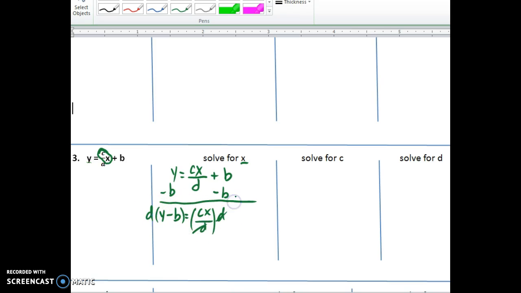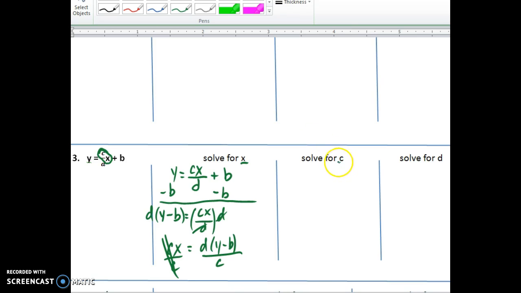And d cancels out over here, and I'm going to want x on the left, so I'm going to bring the cx over here, and that equals d times y minus b. Just switch the equal sign around there, and now to solve for x, I just have to divide by c, and there is the solution right there.